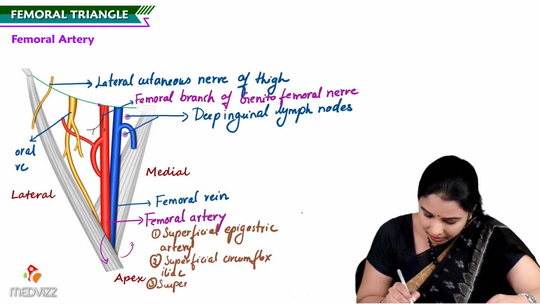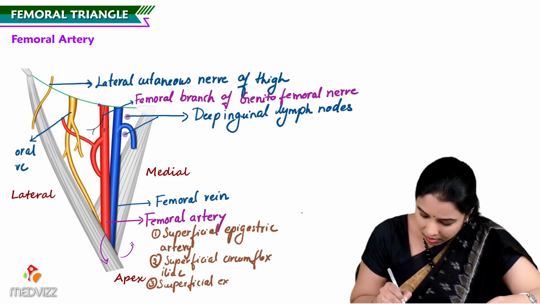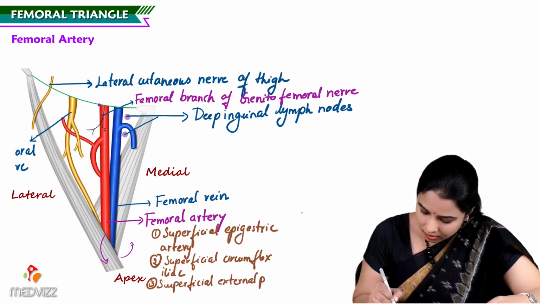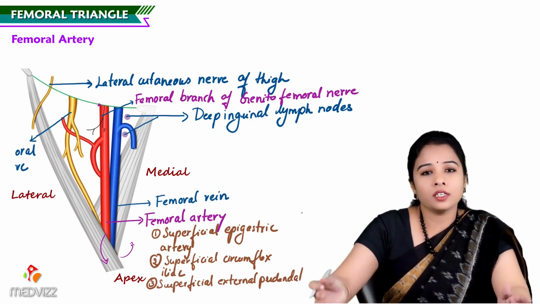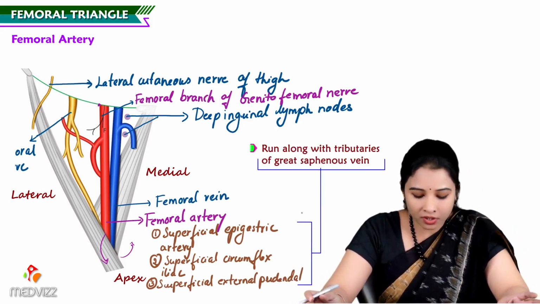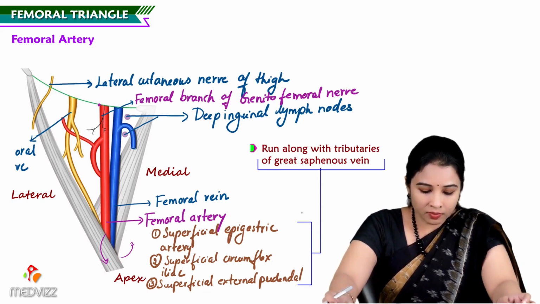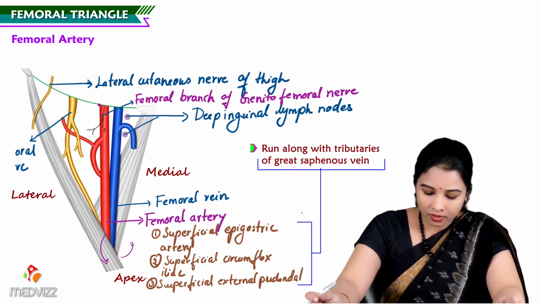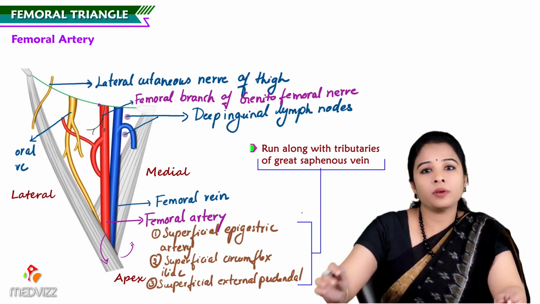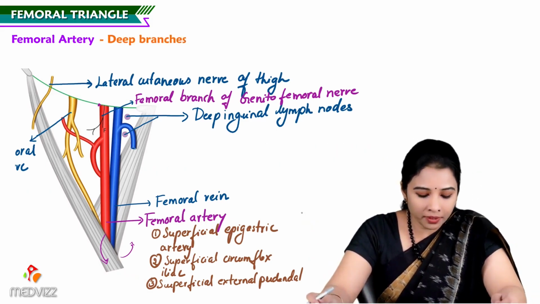All are superficial branches. So these three branches run along with the tributaries of the great saphenous vein, which are present within the superficial fascia. So that is about the superficial branches, and we can see a deep branch here.